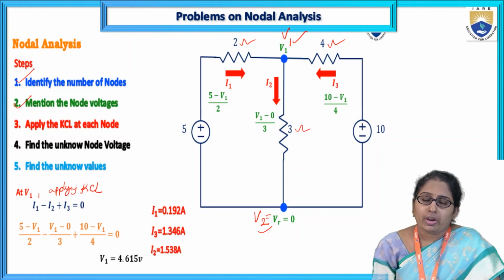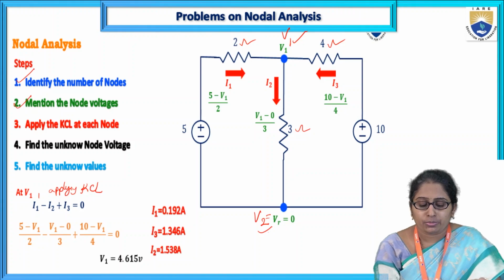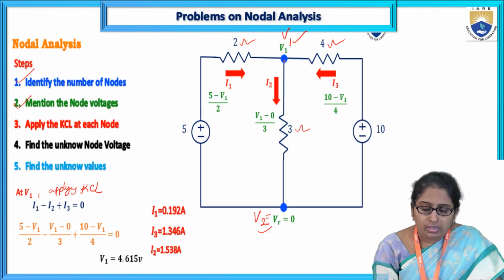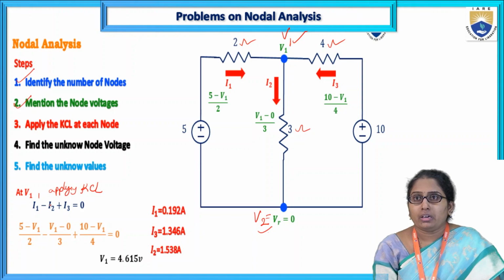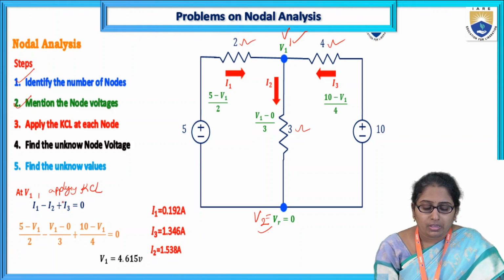The sign convention is that incoming currents are taken with positive sign and outgoing currents with negative sign. At node 1, the incoming current is I1, I2 is the leaving current, so minus I2, and I3 is also coming towards the node, so plus I3. So that is the equation.